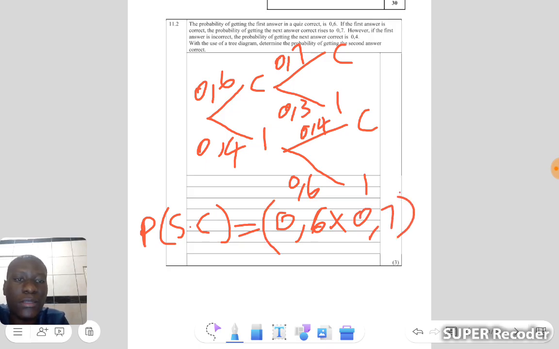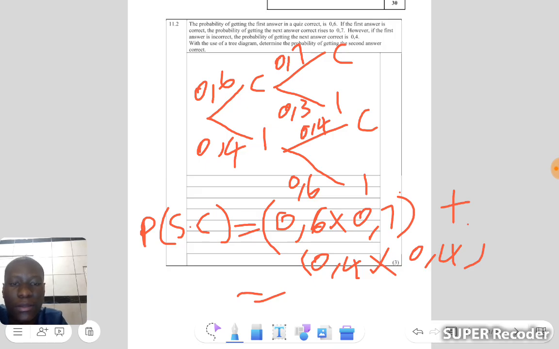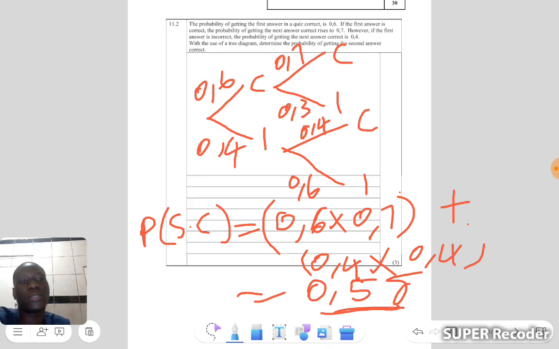Then you add this one, incorrect to correct, 0.4 times 0.4, like this. Then let's punch our calculator. We find 0.58. This is our probability for this question. I hope it is clear. Have you understood it well?